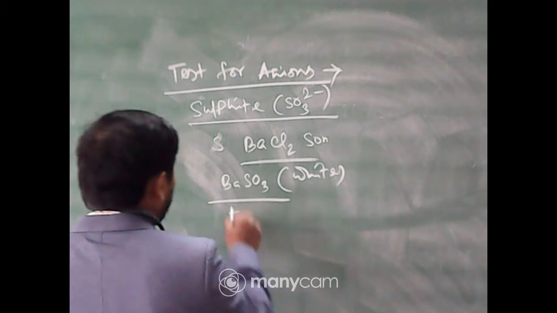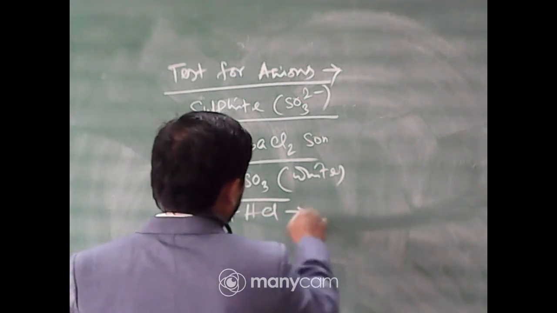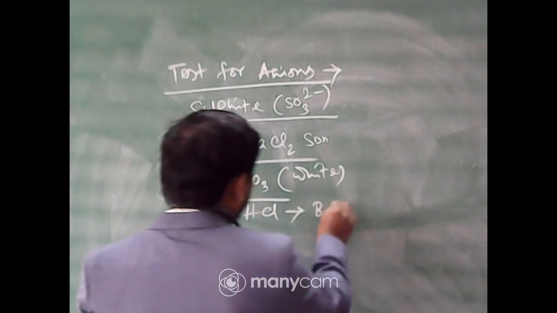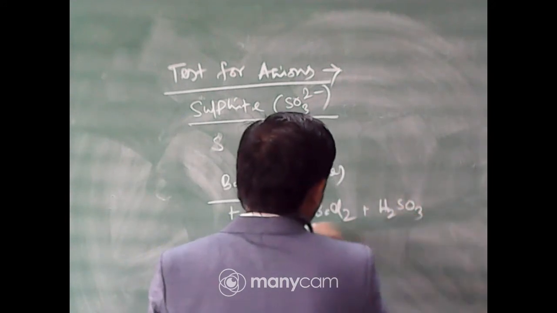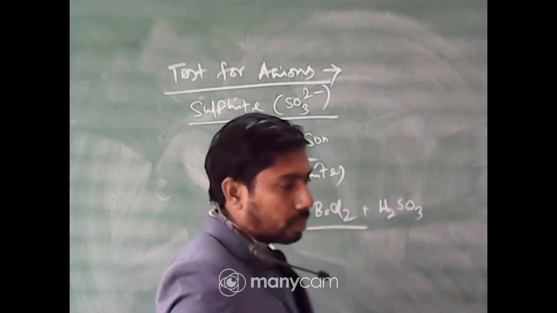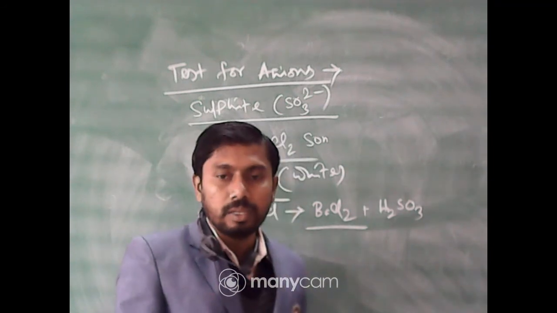So if we add HCl here, it again forms barium chloride plus H2SO3. Barium chloride is soluble and transparent, so no coloration will be there.